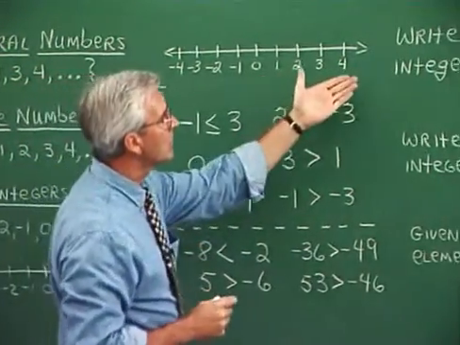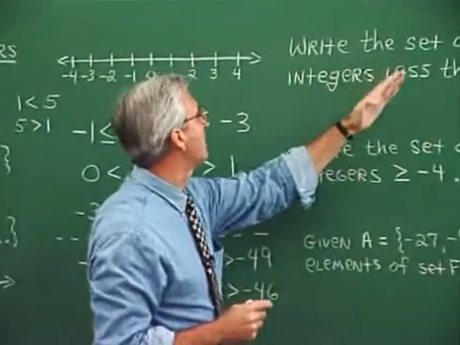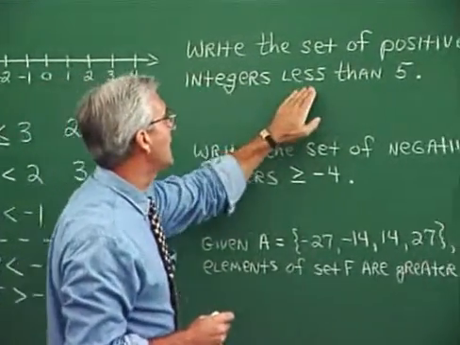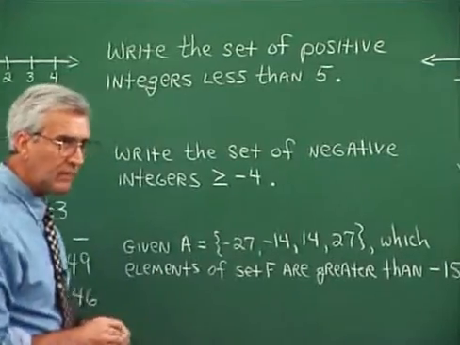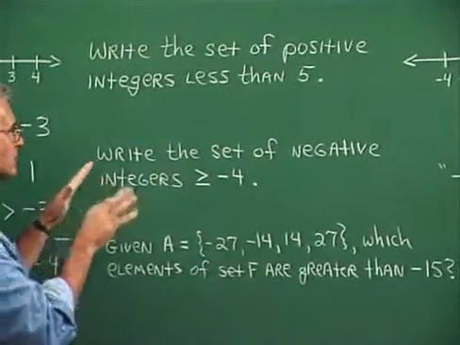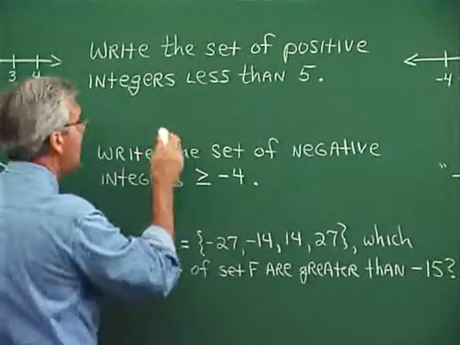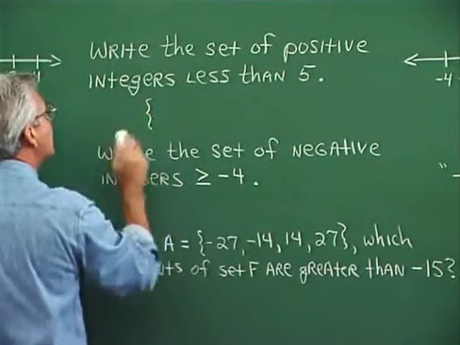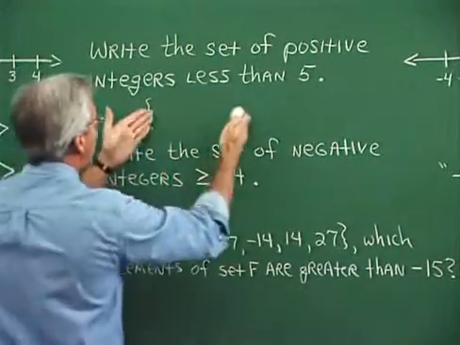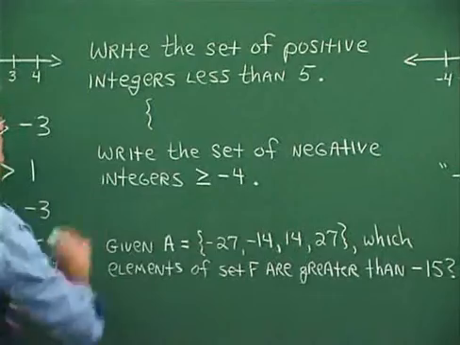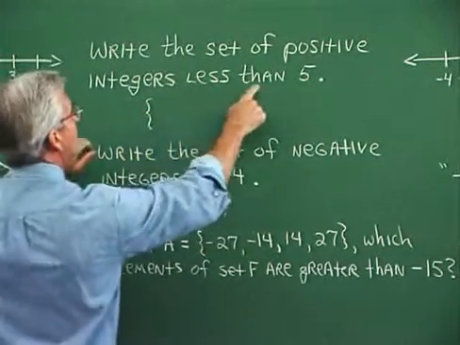Okay, suppose we want to write the set of positive integers less than 5. If we're going to write a set now, we're going to use this roster method, this idea of putting the set symbols here, and we'll list the items that are within that set. So we want the positive integers less than 5.